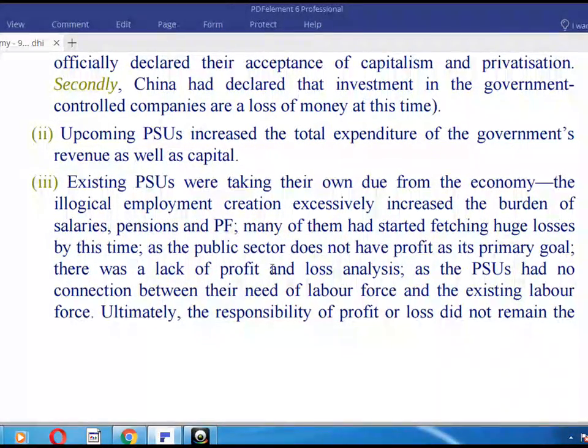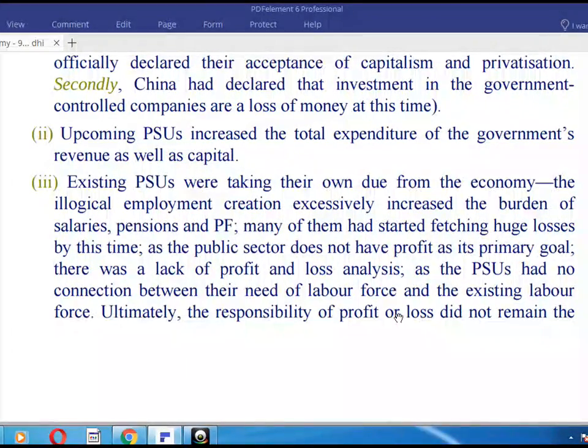Yet the public sector did not have profit as its primary goal, as its core theory lacked profit and loss analysis, as the PSUs had no connection between their need of labor force and the existing labor force.